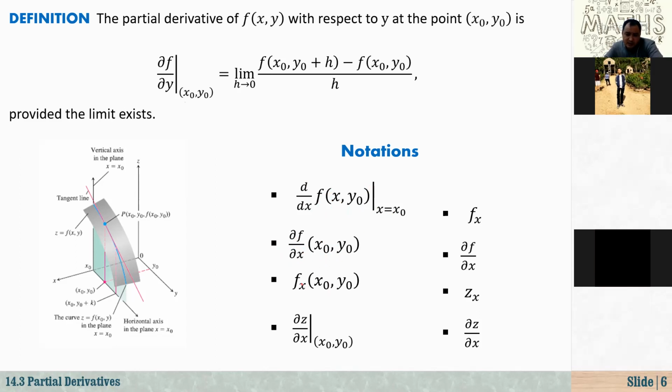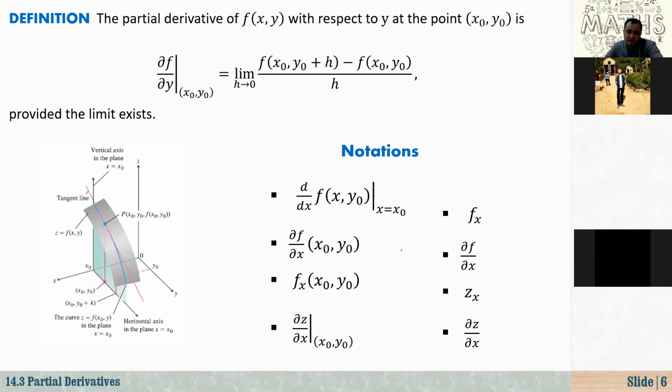And the third one is f in subscript notation. We can just use a small x, which means that we are differentiating f with respect to x at x sub 0, y sub 0. Or del z del x with a vertical line and subscript x sub 0, y sub 0. That means that we are differentiating the function z, which is a function of x and y, with respect to x at this point.